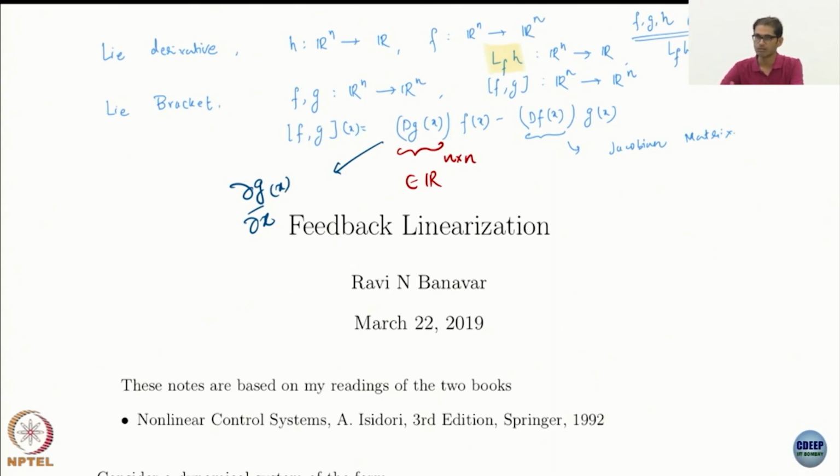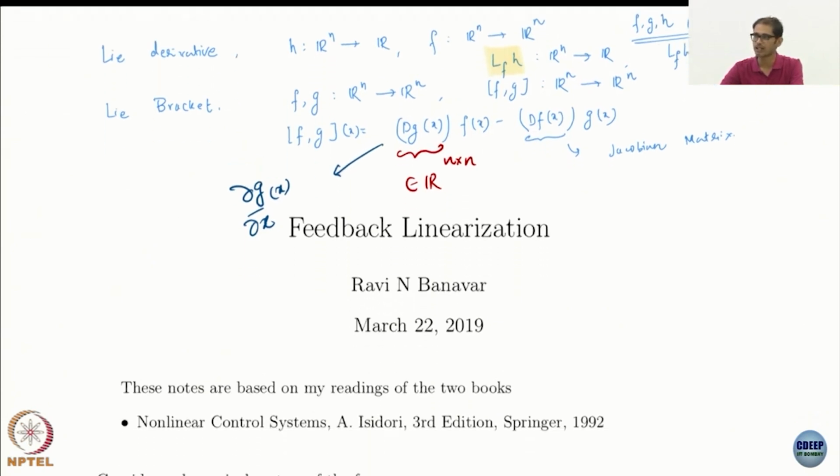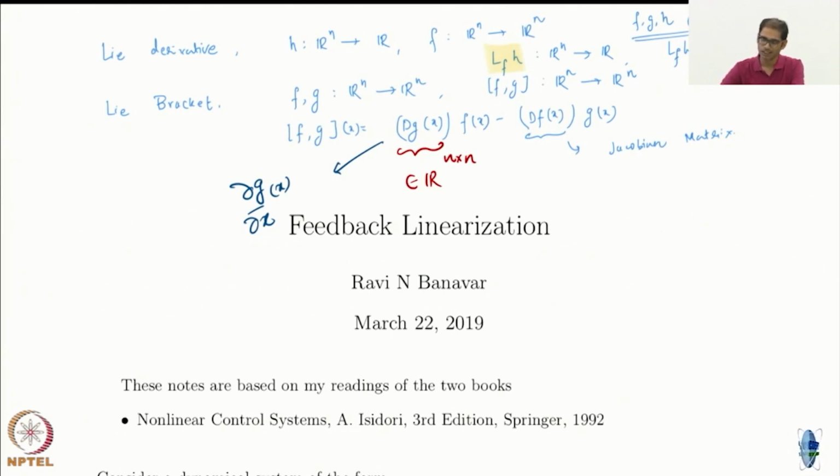It's your call, but if I look at it as a row vector, then the multiplication del h del x times f of x makes sense. Otherwise there is a little bit of a problem. Or you can look at it as an inner product between the two also. Anything is fine. Same deal: the bracket of f and g is basically Dg f minus Df g. I use capital D because g is now a vector valued function, a vector field, so this will be an n by n matrix now.